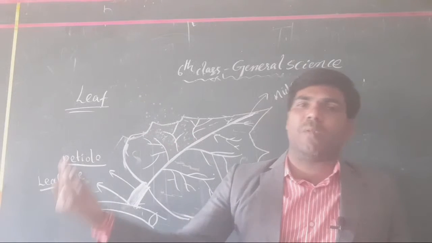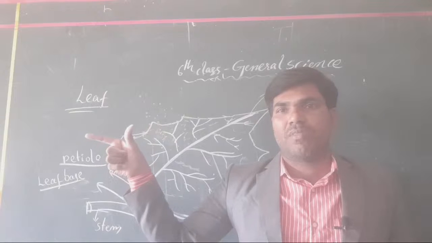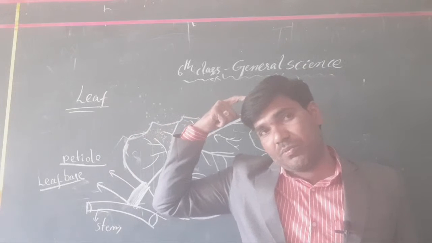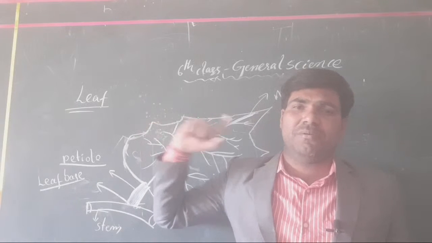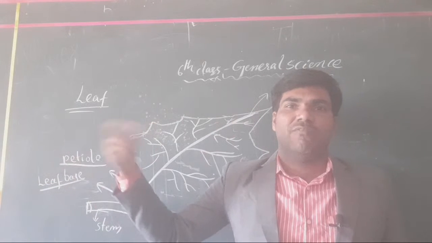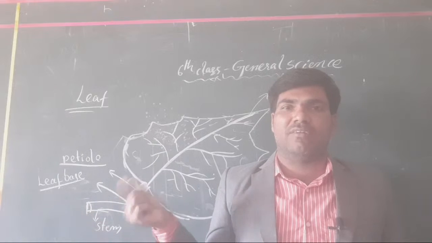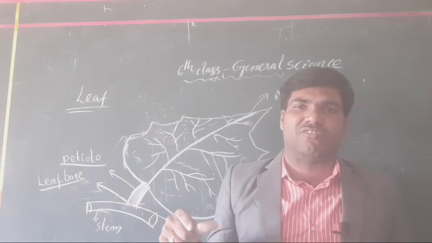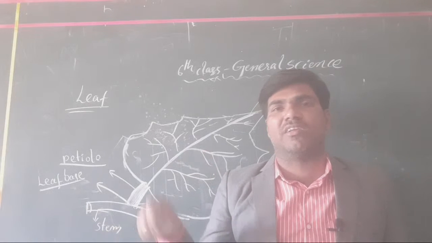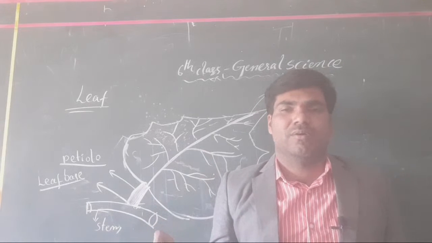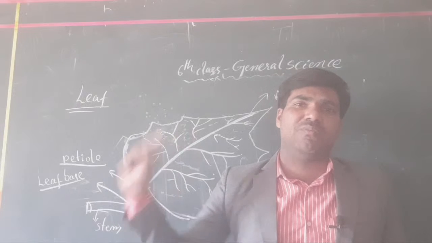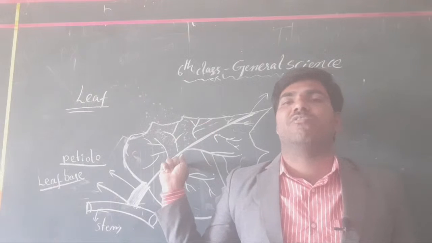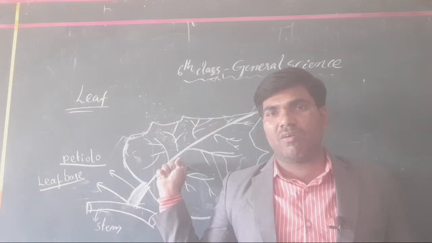There are flower plants, fruit plants and vegetable plants. Different plants contain different structures. Every plant does not contain the same shape. Clear or not, all of you? With the shape, those parts may also vary. Clear or not, all the students?